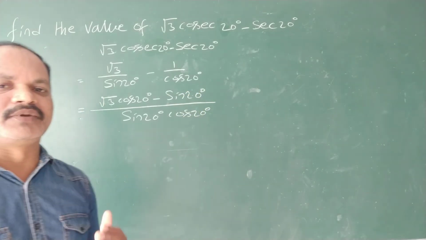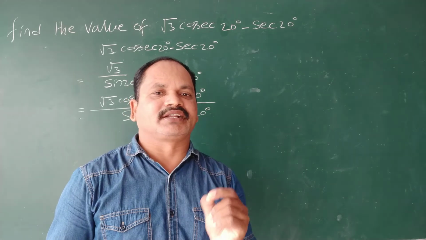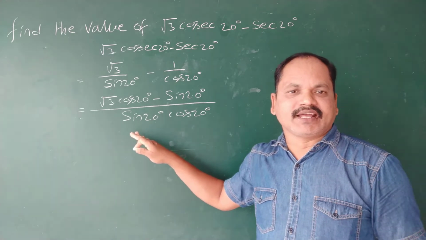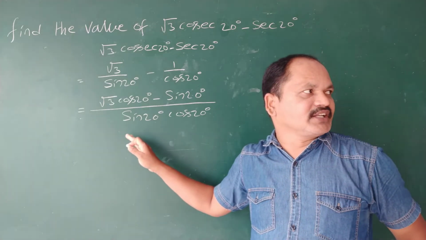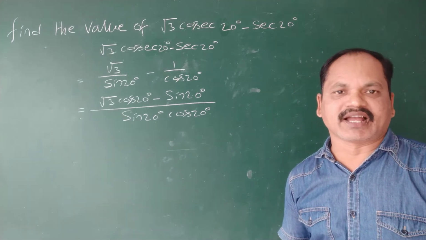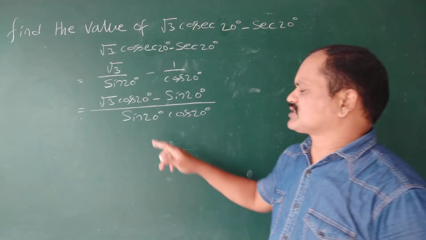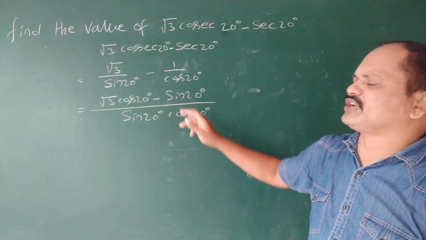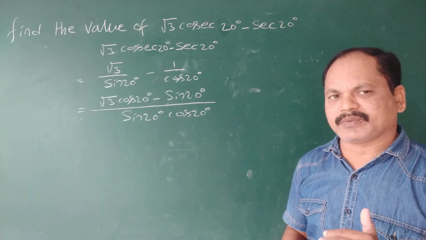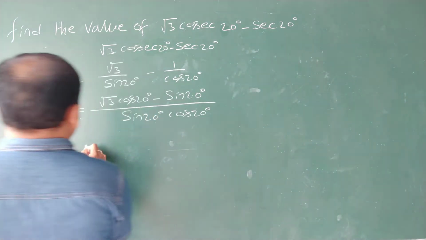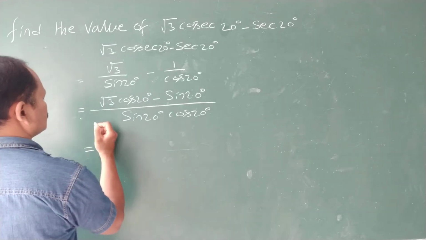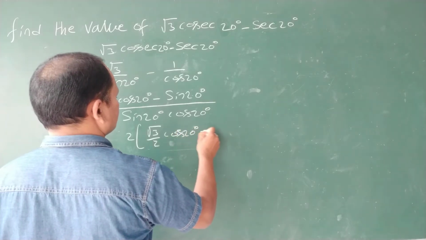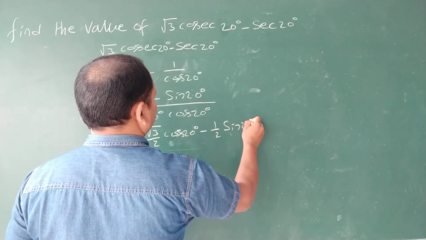We know from multiple and submultiple angles, 2 sin theta cos theta is sin 2 theta. That's why observe the denominator, there it is sin theta into cos theta. If there it is 2, then 2 sin theta cos theta is sin 2 theta. So first of all observe the numerator, that is root 3 cos 20 minus sin 20. That's why we have to divide and multiply the numerator by 2, then 2 times of root 3 by 2 cos 20 degrees minus 1 by 2 sin 20 degrees.